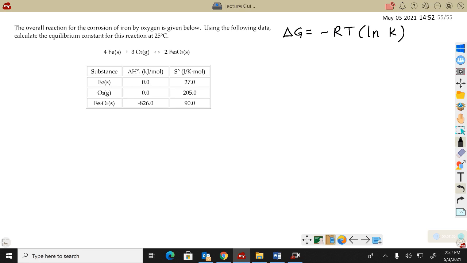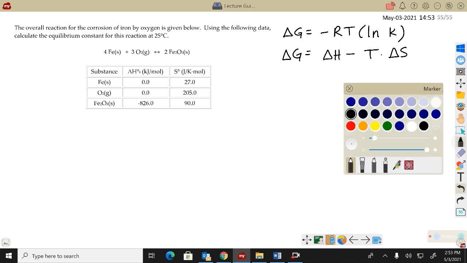But I need delta G. That's fine. I'll calculate delta G as delta H minus temperature times delta S. But I'm going to need to calculate delta H and delta S. Oh, brother. All right, let's get to work.